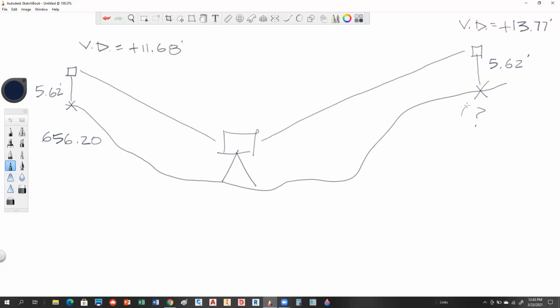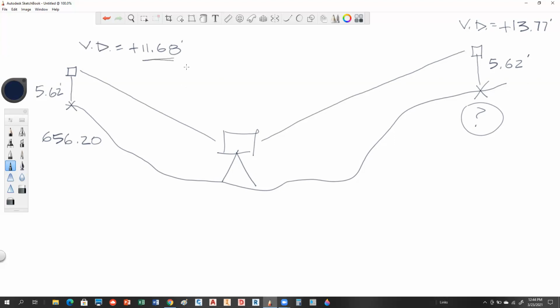Okay, so how do we solve that elevation? What do we do? Well, what is this vertical difference telling me?